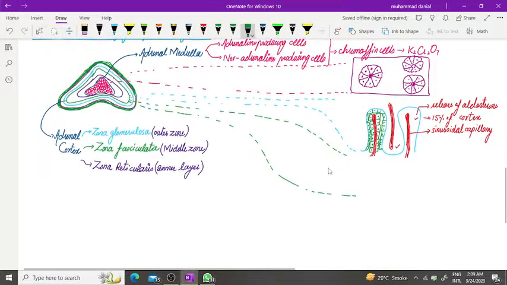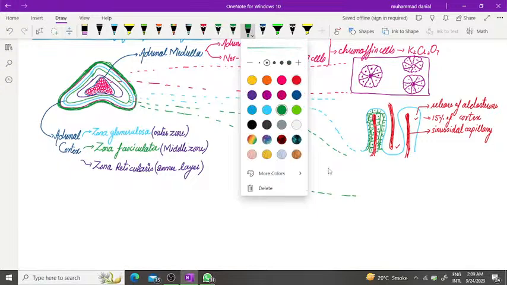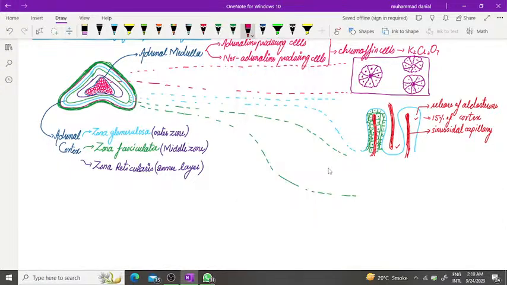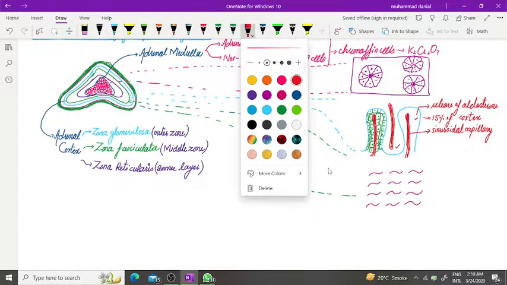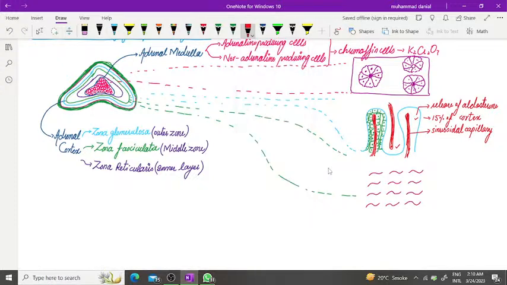These cells look like in this shape, and are also supplied by sinusoidal capillaries.